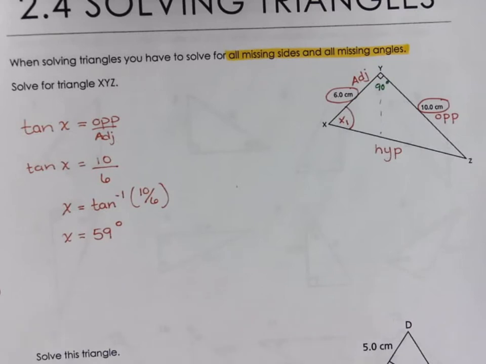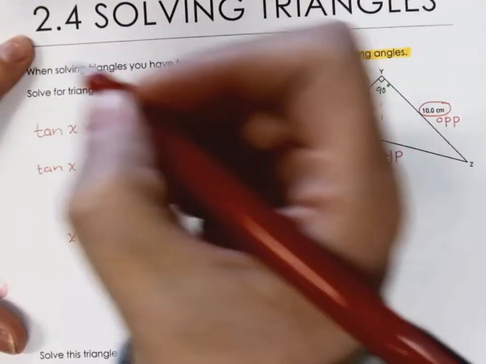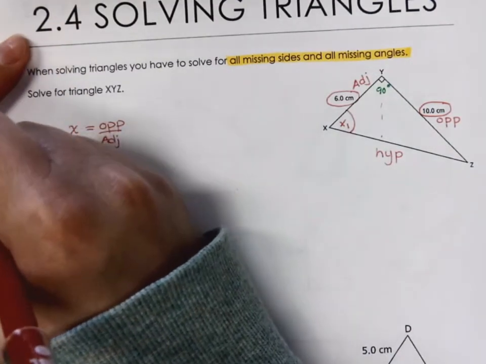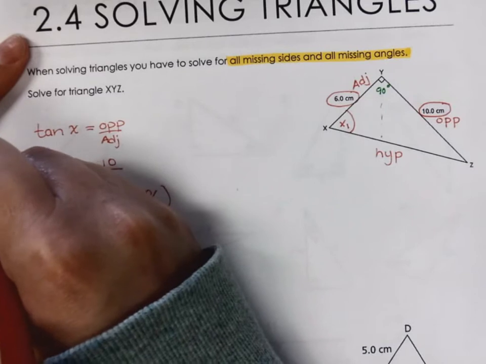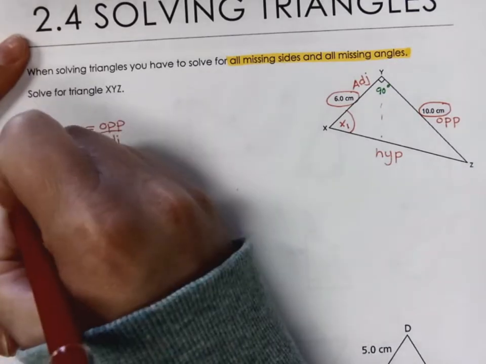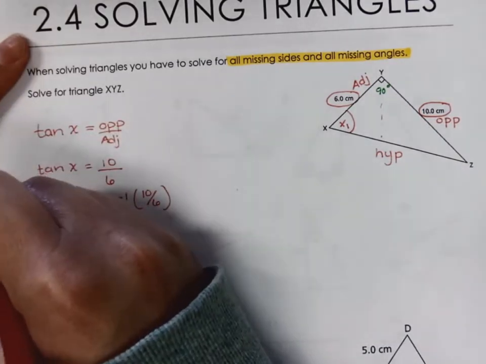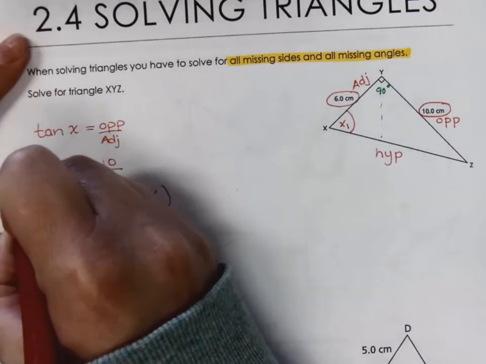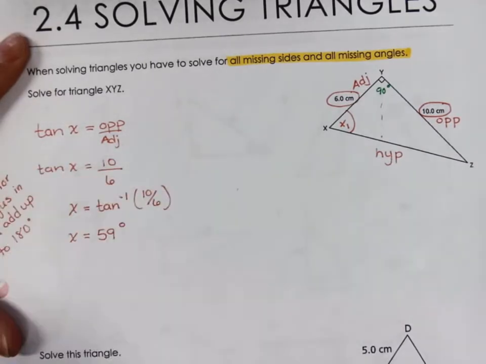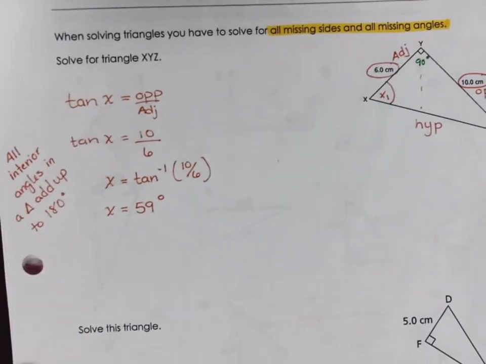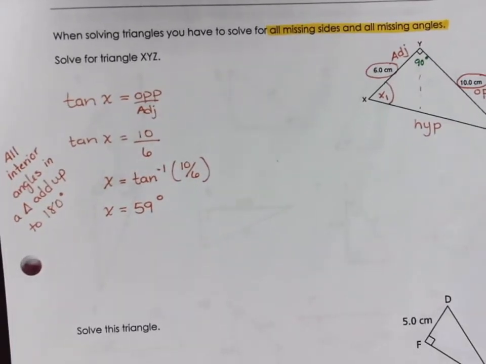We know that all interior, so interior means inside, all interior angles in a triangle add up to 180 degrees. So all interior angles add up to 180 degrees.